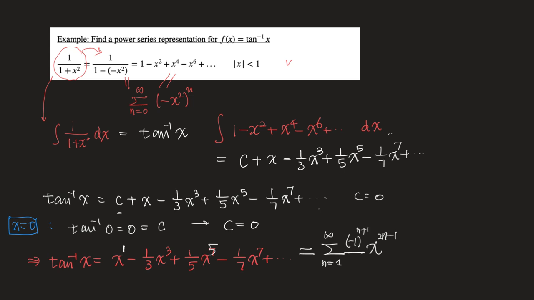Over 1, 3, 5, the denominator is 2n minus 1. That's the power series for arctangent x.